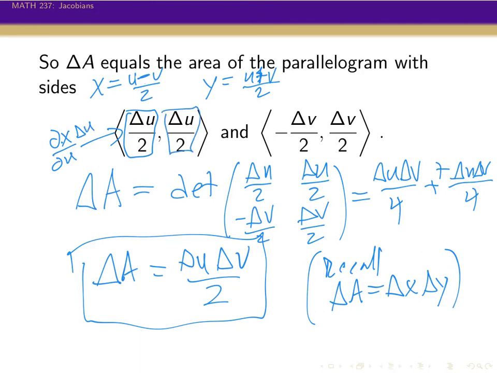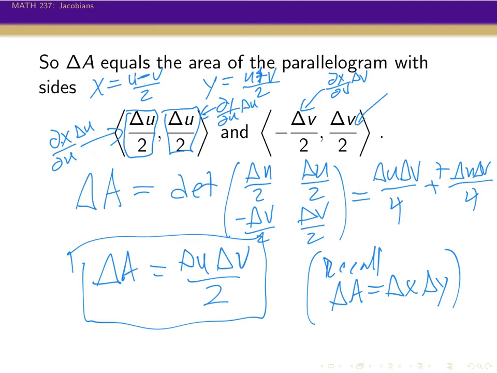This delta u over 2 is equal to the partial derivative of y in terms of u, delta u. Similarly, this minus delta v over 2, you can think about this as being the partial of x in terms of v times delta v.